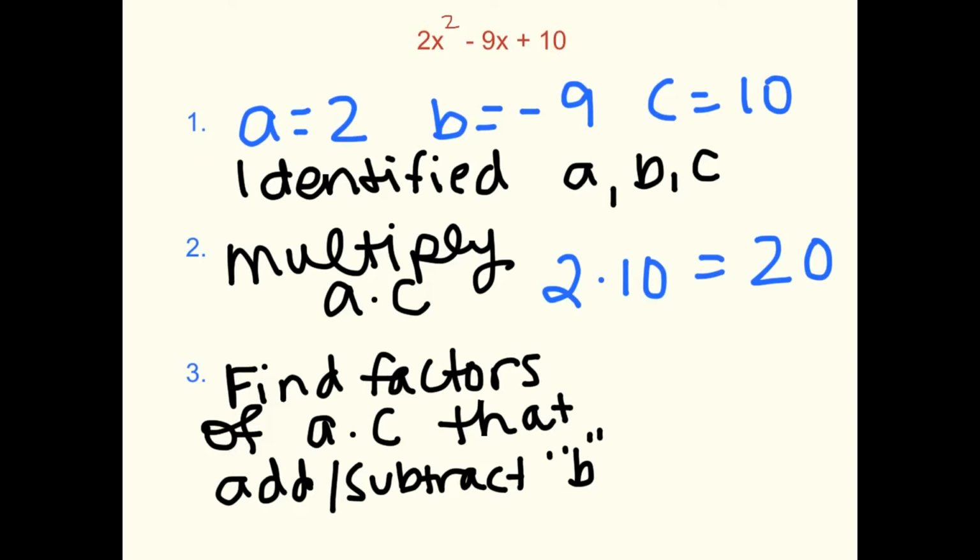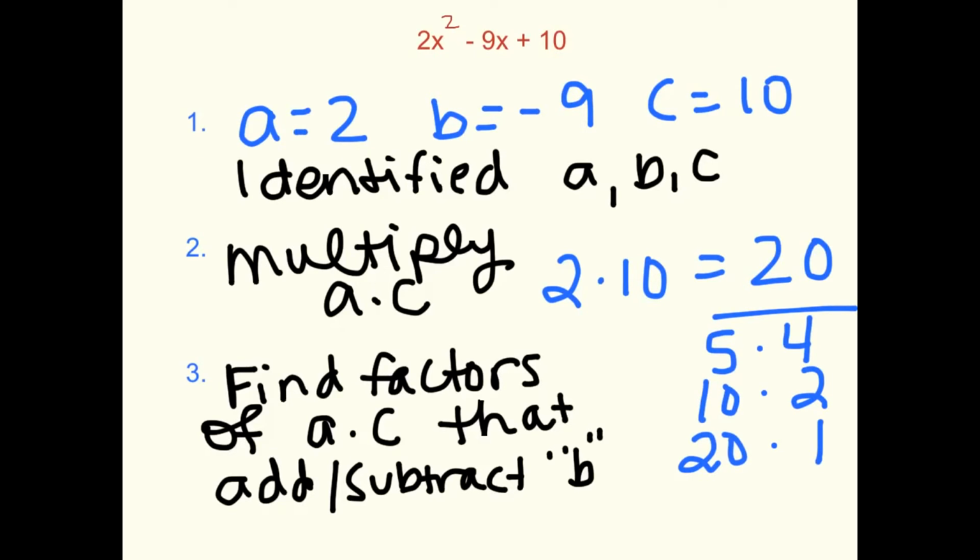So if I look at my a times c, which was 20, I've got a lot of different factors that might get me there. 5 times 4, 10 times 2, 20 times 1, and I want to see which one of these I can use, either to add them, subtract them, or like do -5 plus 4, to somehow get me to -9. A -5 and a -4 would get me to -9. So these are the factors I want to use.